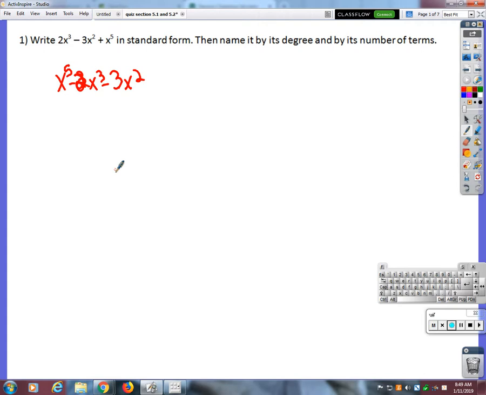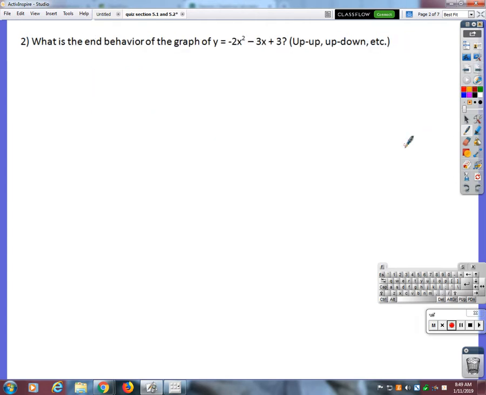So the highest degree is 5. So that is a rarely seen quintic trinomial because there were 3 terms. Okay? Okay, overthought it a little bit.